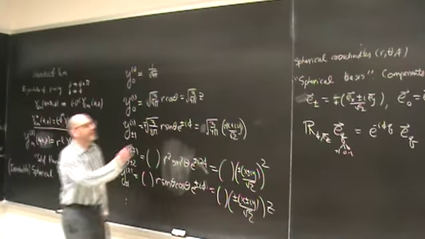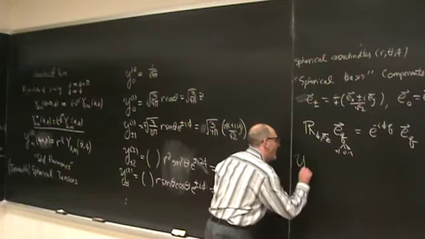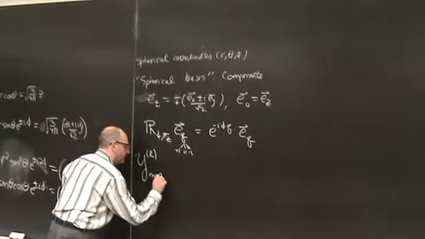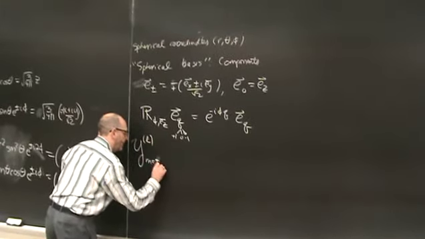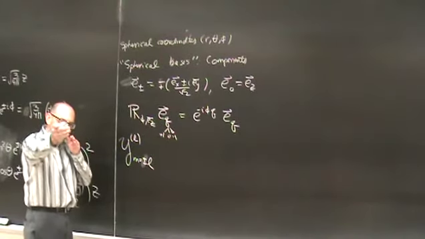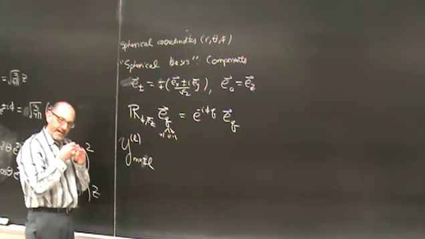What is generally true is that Y L m, with m equals L, or plus or minus L, is the stretch state, the state with the maximum or the minimum projection of angular momentum.